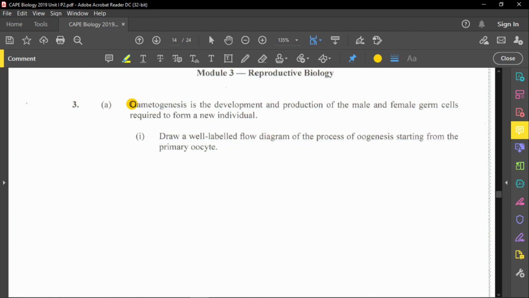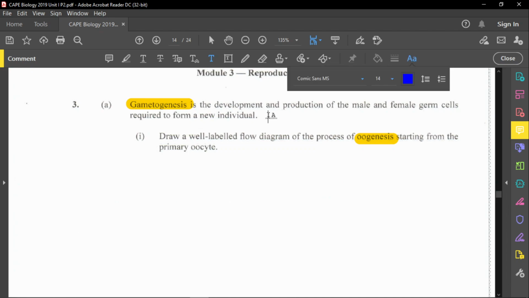All right, they already established what gametogenesis is, so I will talk about oogenesis first, and then I go into the diagrams. For gametogenesis, it is simply the production of gametes. Gametes are sex cells, which include egg and sperm cells.